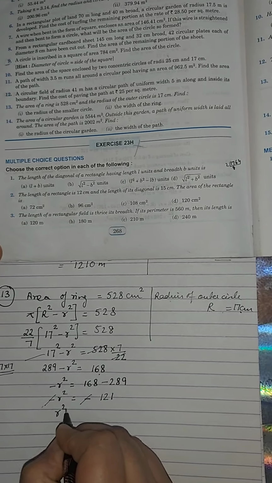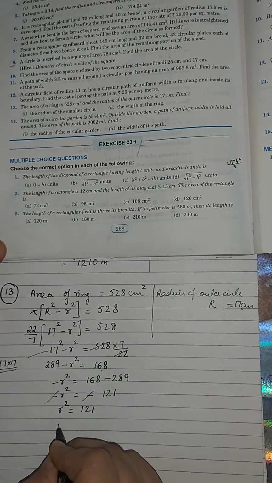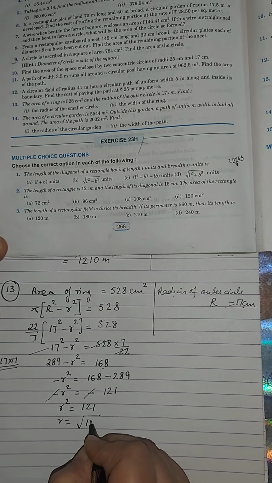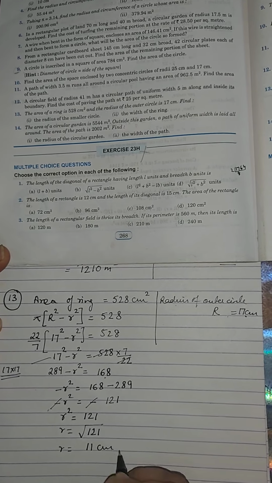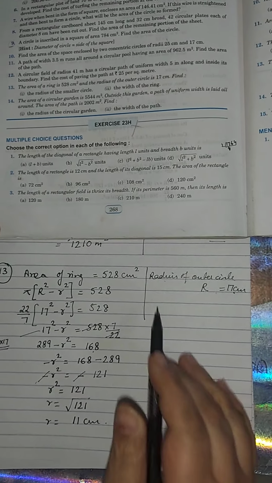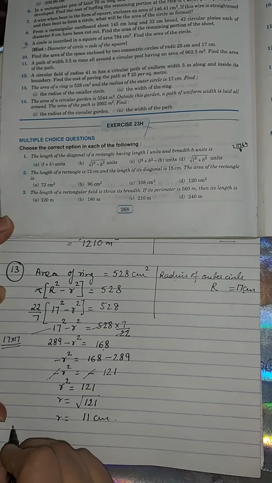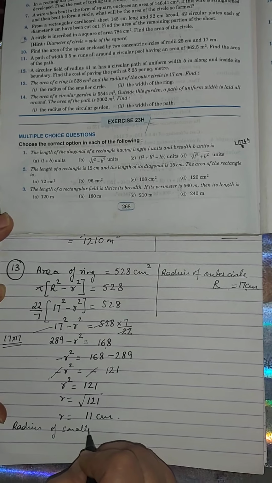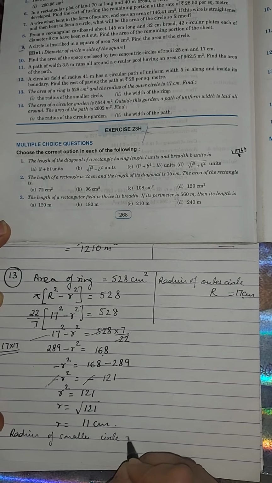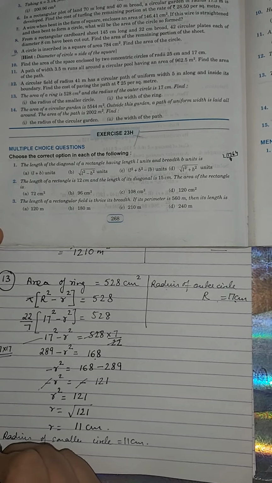So small r square is equals to 121. r is equals to under root 121. So r equals to 11 centimeter. So radius of smaller circle, you got it, that is 11 centimeter. First part आपका आ गया.